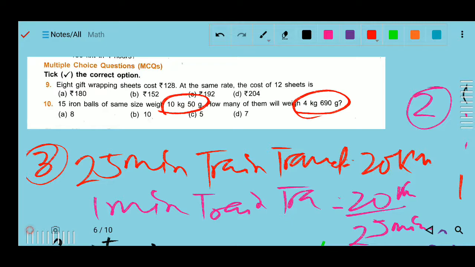So what you have to do in this question is make the same unit of these two. This 10 kg you make into grams. In 1 kg there is 1000 gram, so 1000 into 10 plus 50, and here also 1000 into 4 plus 690. So make it in one unit, either in grams or in kilograms, then you can solve. Okay, so hope you can solve this exercise 6D.